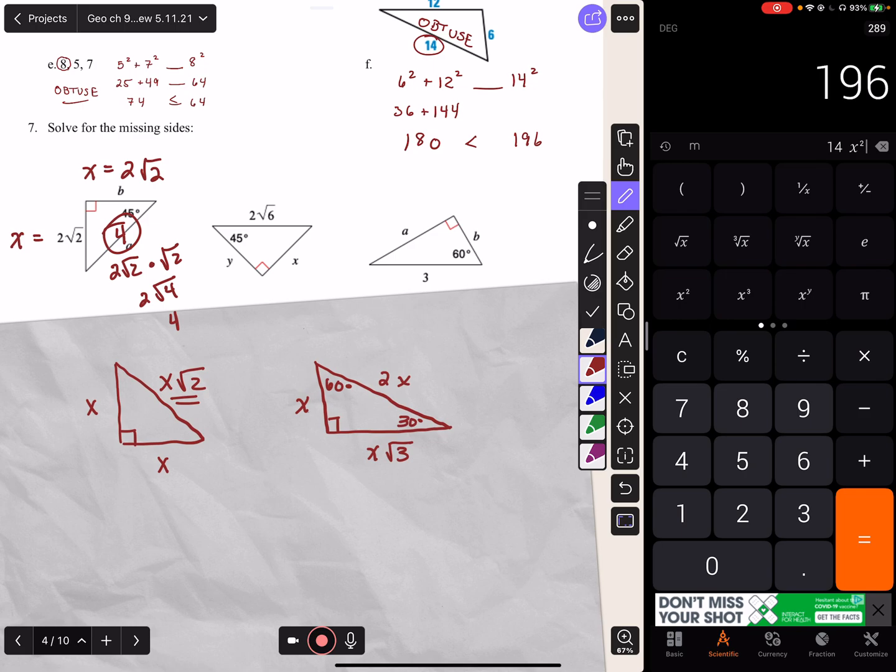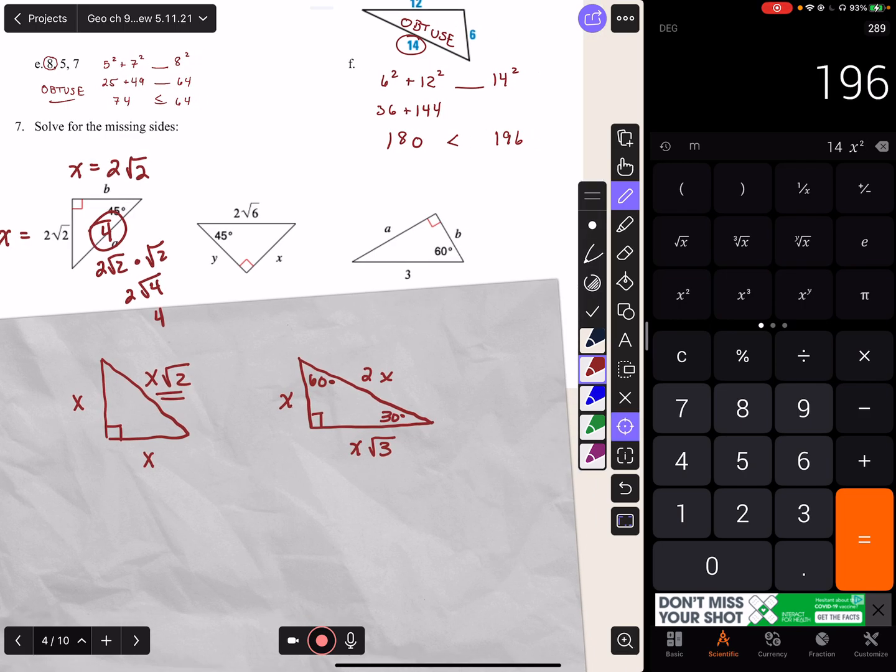Let's look at our next one here. In this case, we got a 45, 45, 90 again. So these two sides are identical. Those are the two legs. So that's our x's. Just ignore their y's and x's. We're using our own here. And then 2 root 6, that has to be this x root 2 side. So 2 root 6 has to be equal to x root 2.